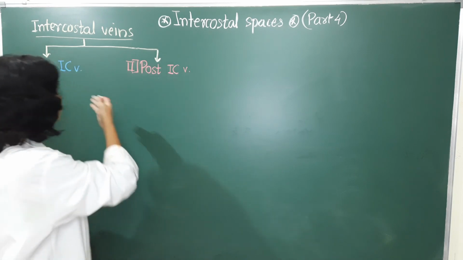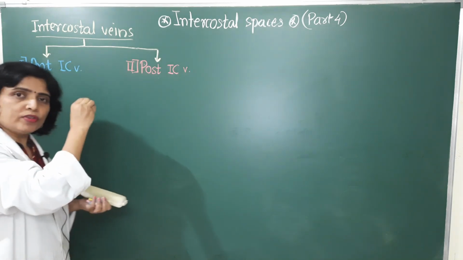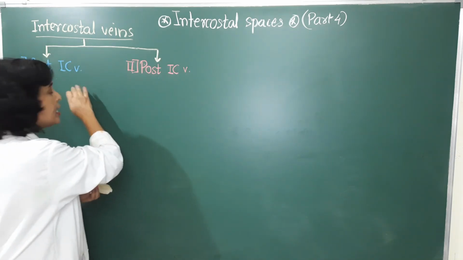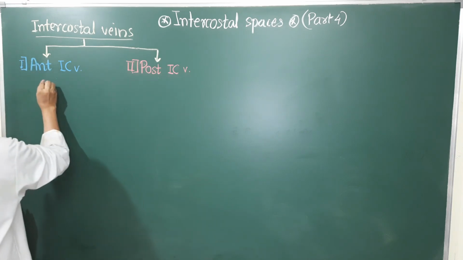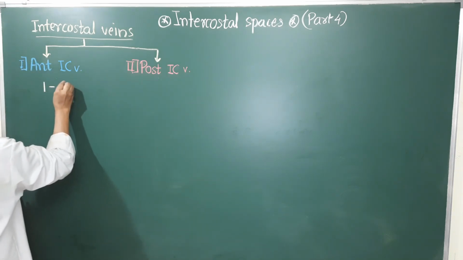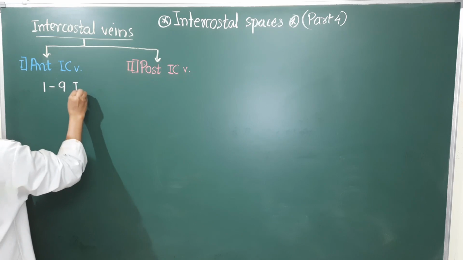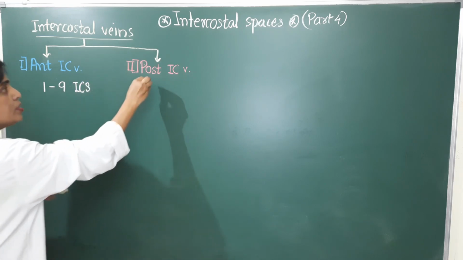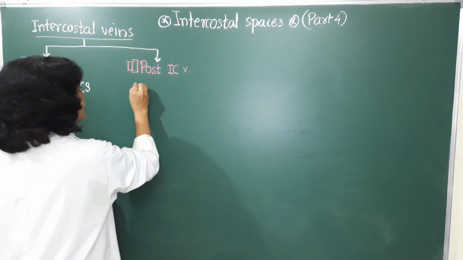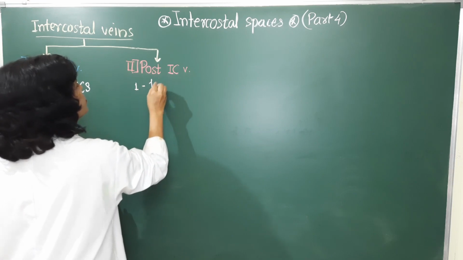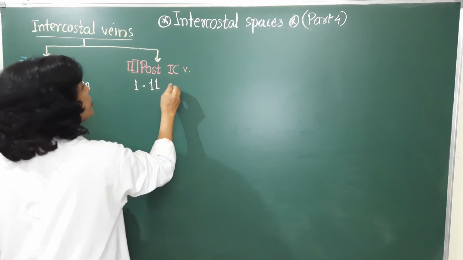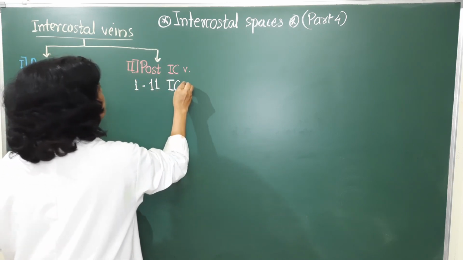Same is true for the veins also. Anterior intercostal veins are present in the 1st to the 9th intercostal spaces, but posterior intercostal veins are present in all the intercostal spaces, that means from 1 to the 11th.